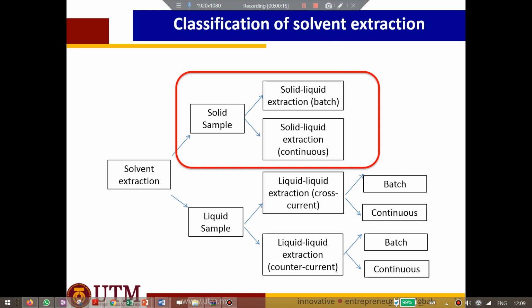For the solid sample, we have a very special instrument for the solvent to perform the solid-liquid extraction. We will look into that after this.